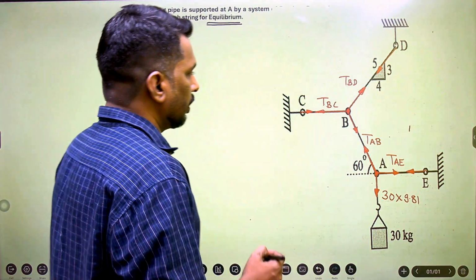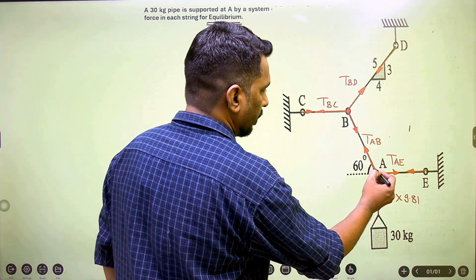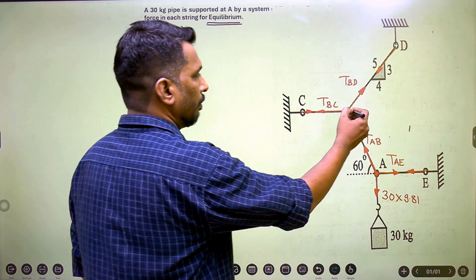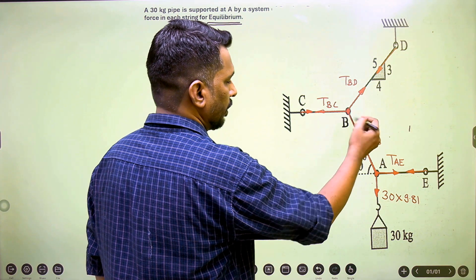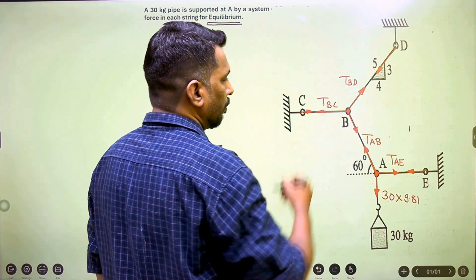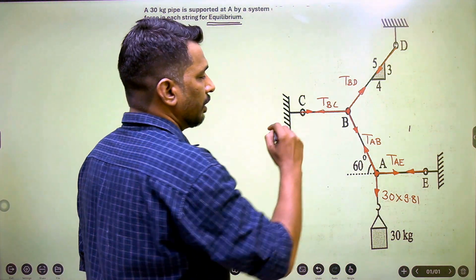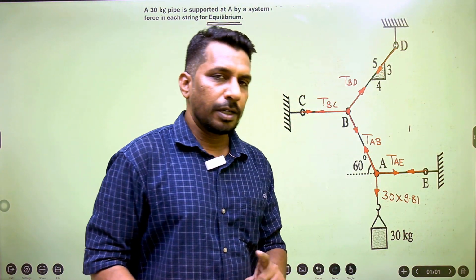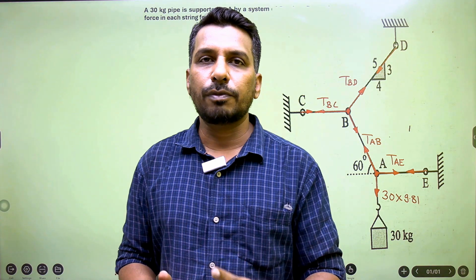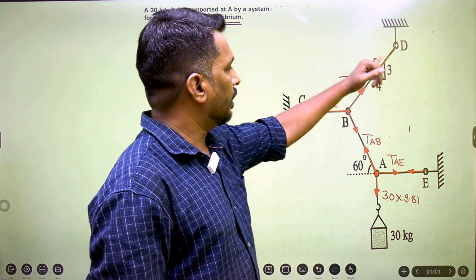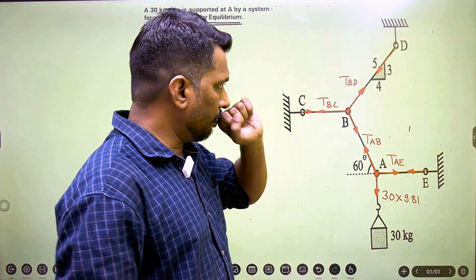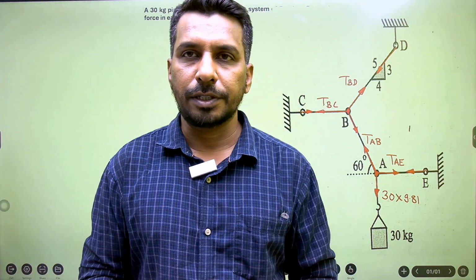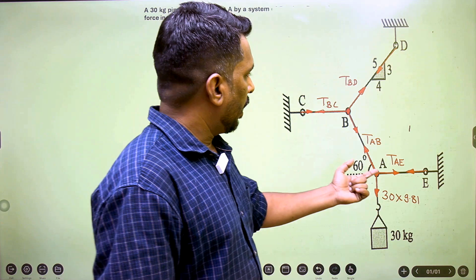If I consider A, there are 3 forces acting through a single point, so of course we can consider this. Same thing happened with B, 3 tensile forces passing through point B. But this is not the same for C, D and E, because there is only one force passing through these points. So we are not going to consider points C, D, E for the further calculation. We are going to consider here only A and B.